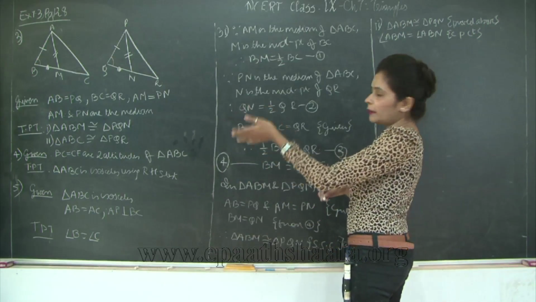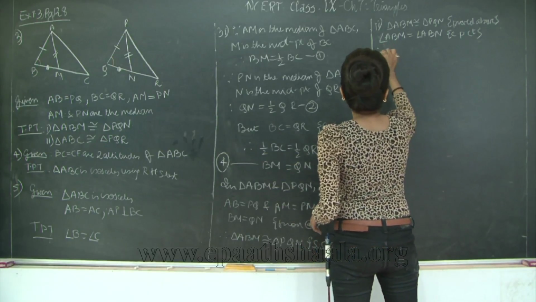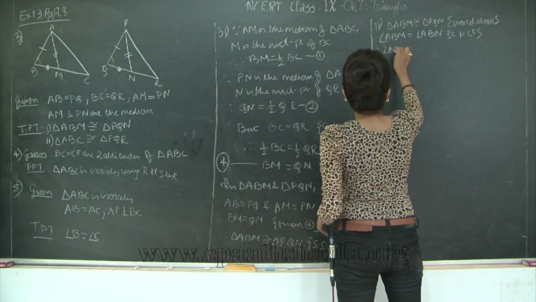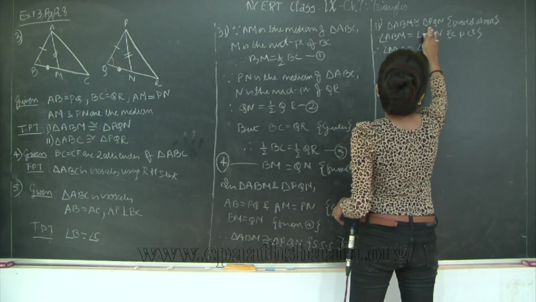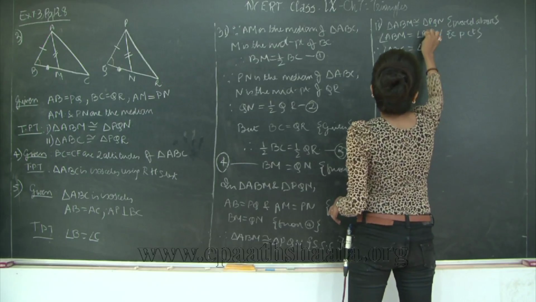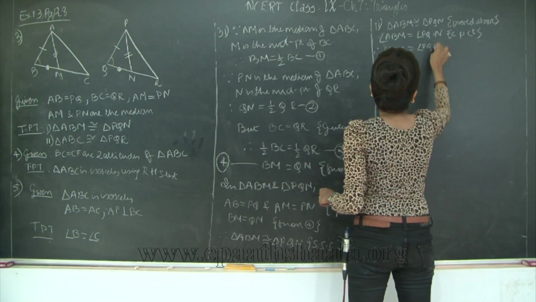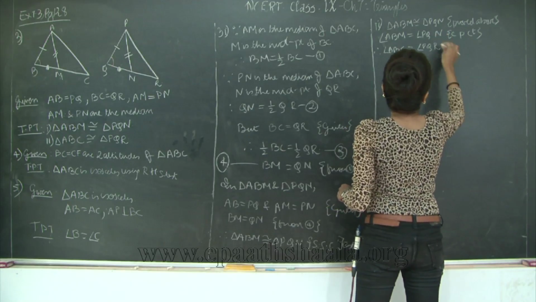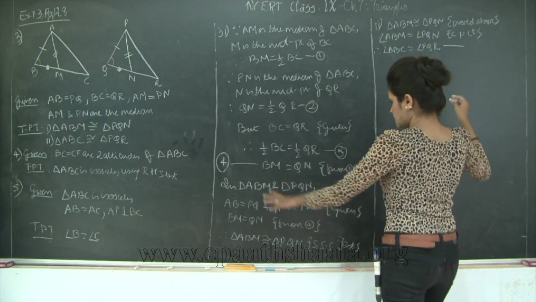But extending M and N to C and R respectively, what do we get? Therefore, angle ABC is equal to angle PQN, which is equal to PQR, correct? And I'll mark this as 5.